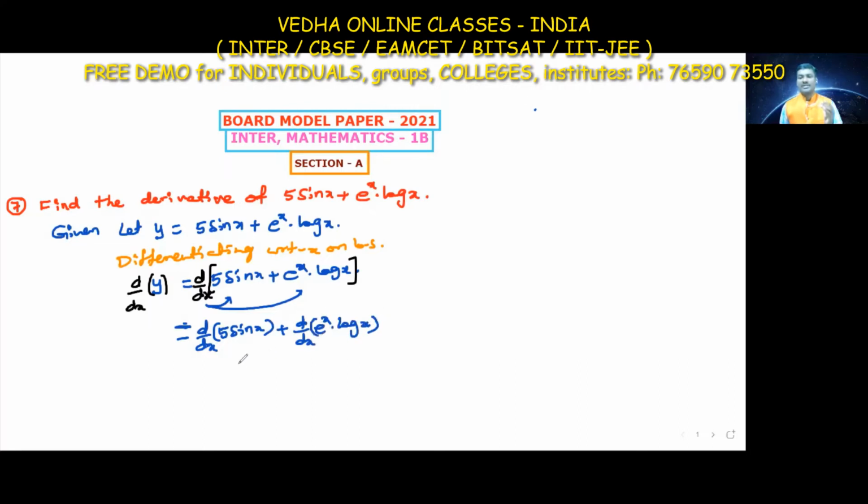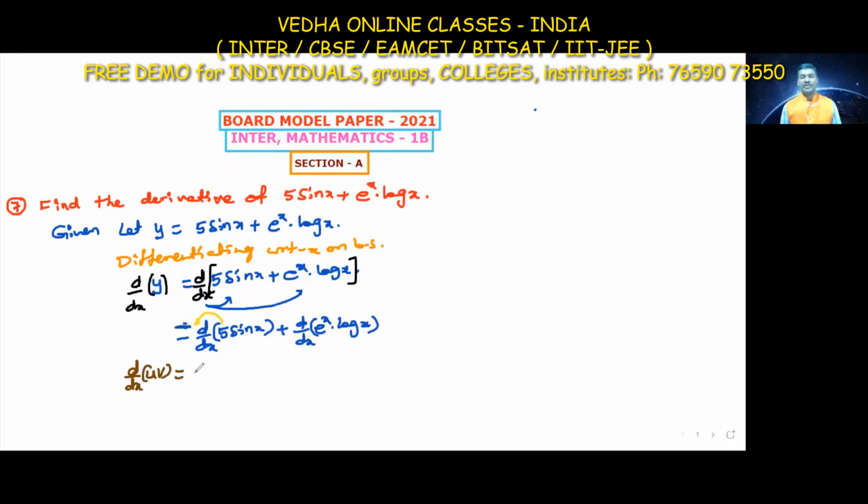Whenever we have coefficient numbers, write the coefficients outside. And we have a formula here. Whenever we have multiplication between two functions, e power x and log x, both in terms of the x variable, we have the formula d by dx of u into v.